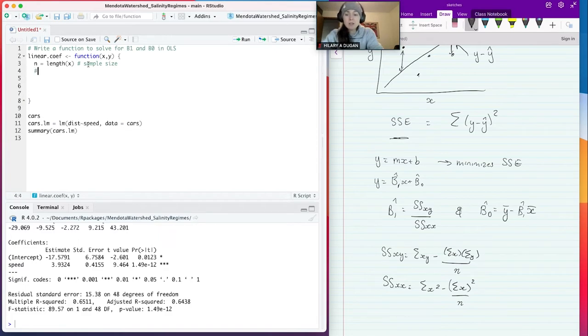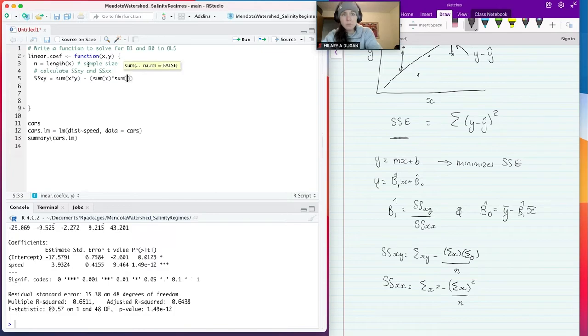And then let's calculate those statistics, SSXY and SSXX. So SSXY is going to equal the sum of x times y minus, we're going to put these all in parentheses, the sum of x times the sum of y, divided by n.